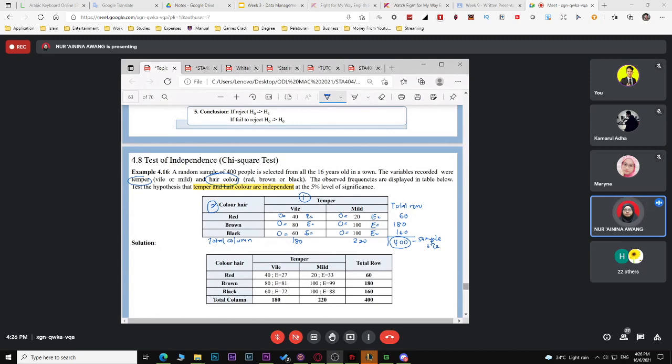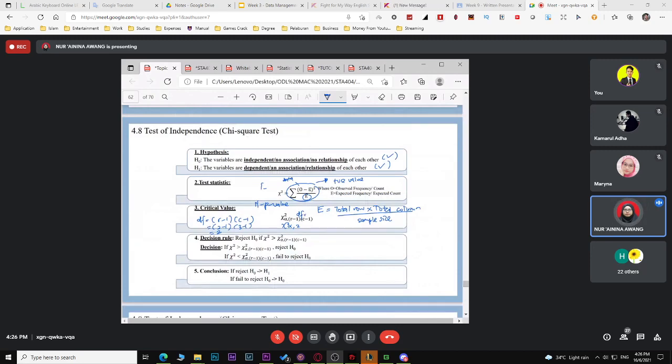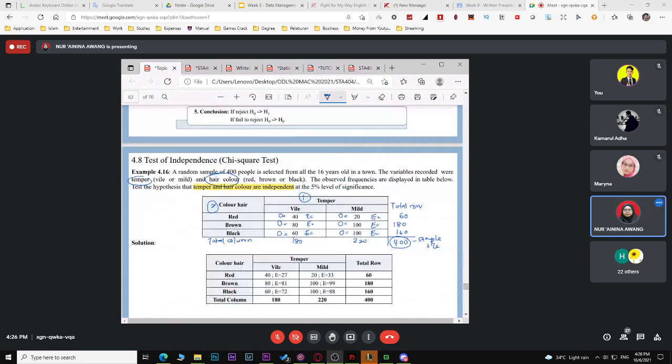So we already have our total row, total column and sample size. The formula for E is total row times total column over sample size. To find the E for violet and red, you need to multiply your total row with your total column, divided by your sample size. That means 60 times 180 over 400, and you will get the expected frequency for this one, which is 27.